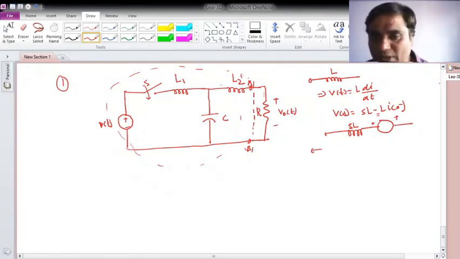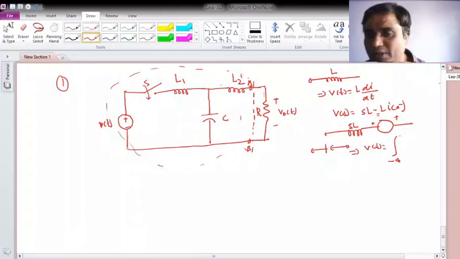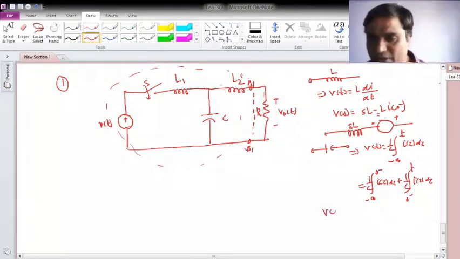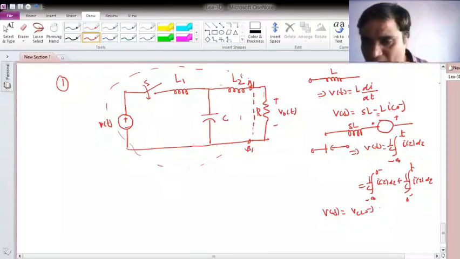Okay, and for a capacitor, V of t is equal to the integral from minus infinity to t of 1 over C times I of tau d tau, and again I can take it into two forms, that is the integral from minus infinity to 0 negative plus the integral from 0 negative to t of I of tau d tau times 1 over C. And V of s here is Vc of 0 negative, the initial voltage across the capacitor, plus 1 over Cs into I of s.